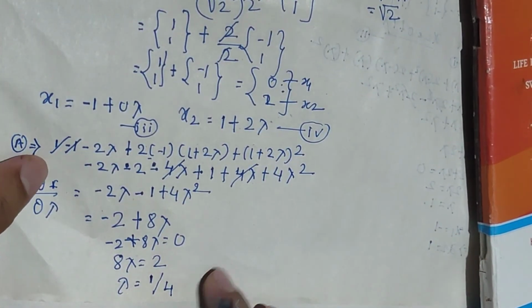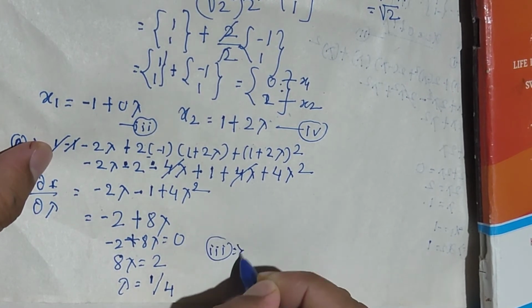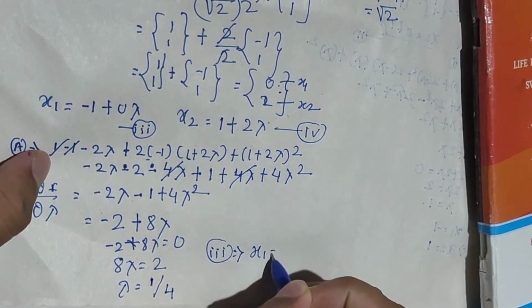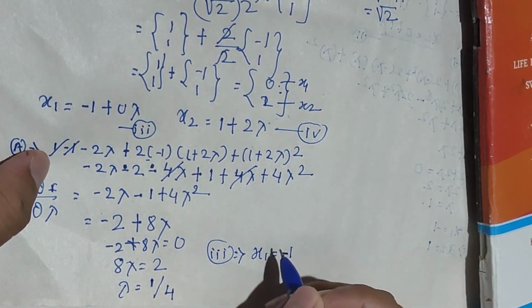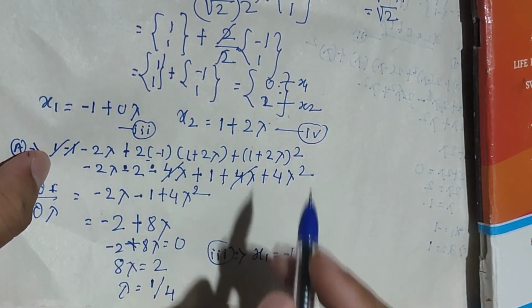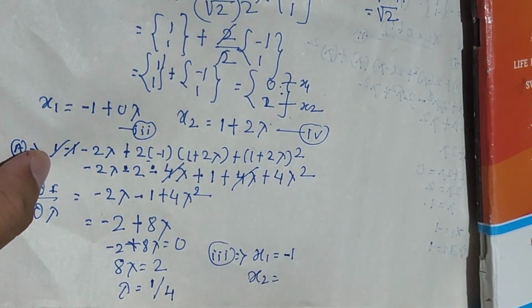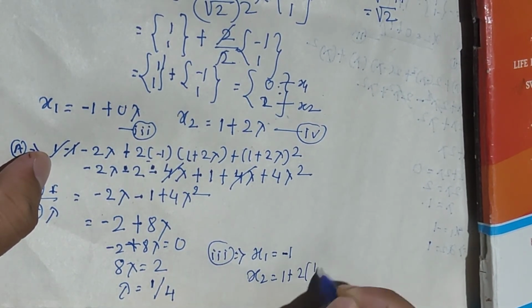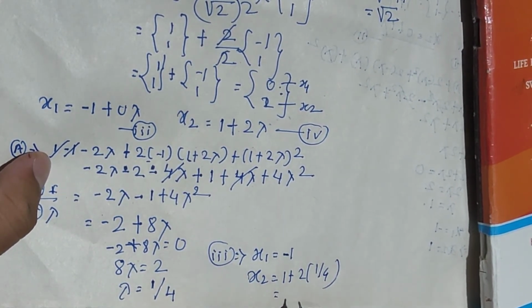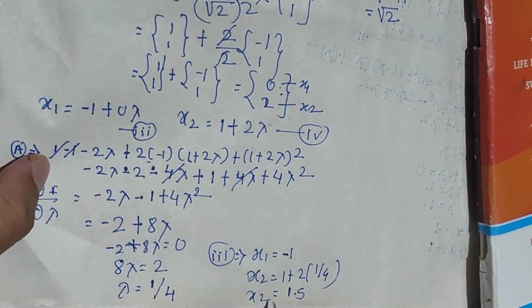So we have to put lambda into equation number 3. x1 equals minus 1 plus 0 into lambda, so no meaning, x1 equals minus 1, and x2 equals 1 plus 2 lambda, so 1 plus 2 into 1 by 4, it is going to be 1.5. x2 equals 1.5.